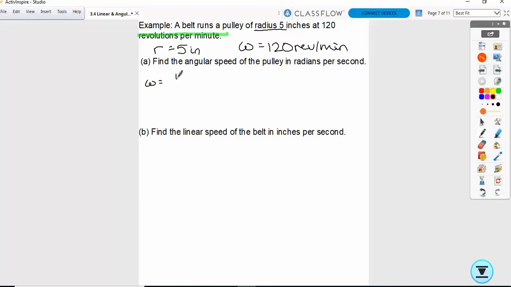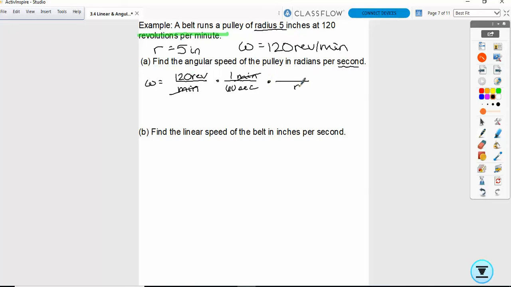I already have my angular speed, but currently it's in revolutions per minute. I need to convert it. If you want to change minutes into seconds, what do you have to do? 1 minute over 60 seconds.